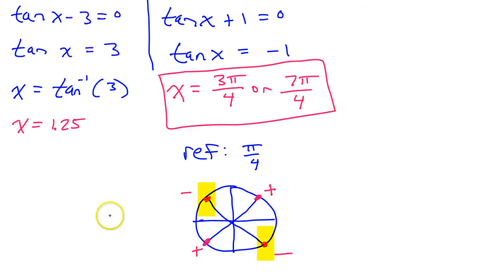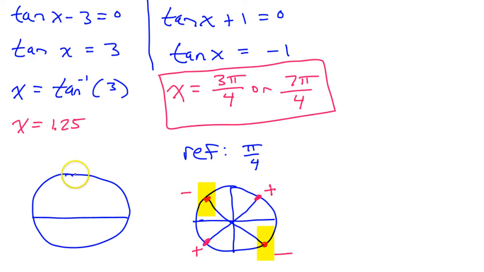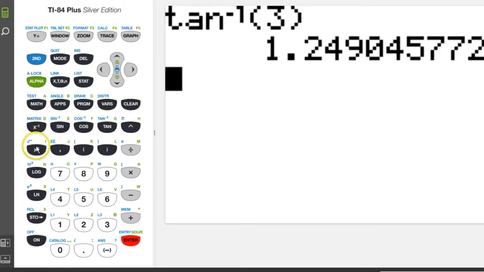But let's draw a diagram because there is another solution. Just like we had 2 solutions here, we're going to have 2 solutions for this side as well. Okay, so just for reference, let me put some decimals on here. Up here at the top, we know that this is pi over 2. But what is that as a decimal?